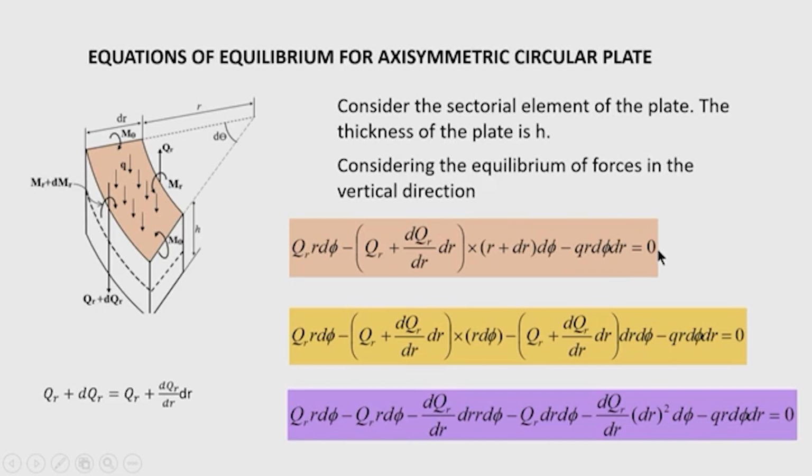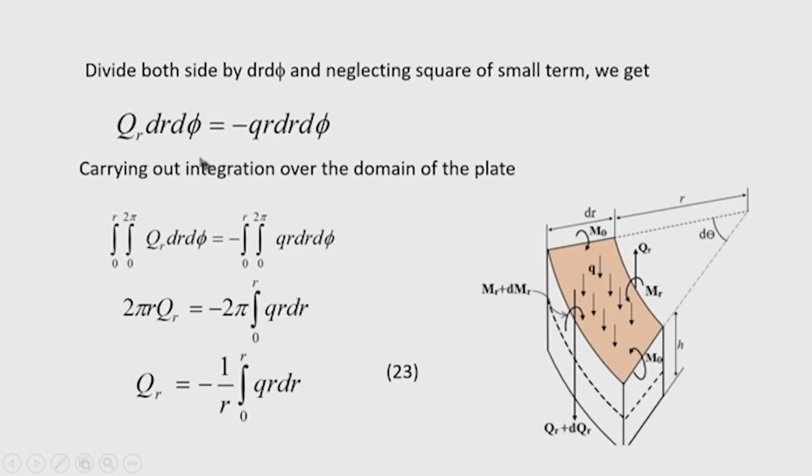So, equating to 0 and simplifying this, first I carried out term by term multiplication, and then you can see many terms are common, and some terms have a product with the square of the small quantity dr. So, taking advantage of this, that is cancelling common terms and ignoring the terms with the square of a small quantity, we can write the equation in this form.